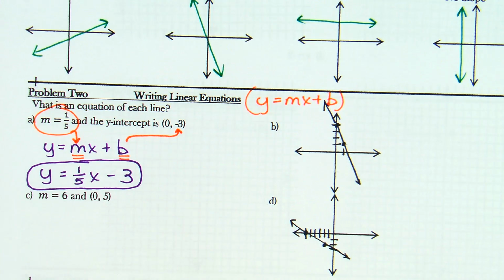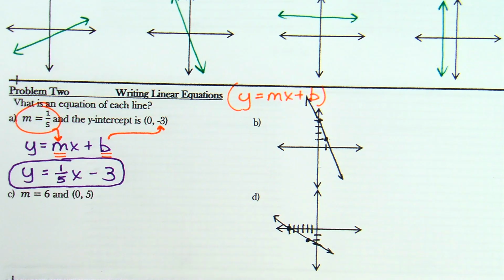How do we find one of those? Now we all get quiet. For m, we have to find the rise over run. Okay. When you're looking at our graph, what's our phrase for slope? And that is rise over run, isn't it?